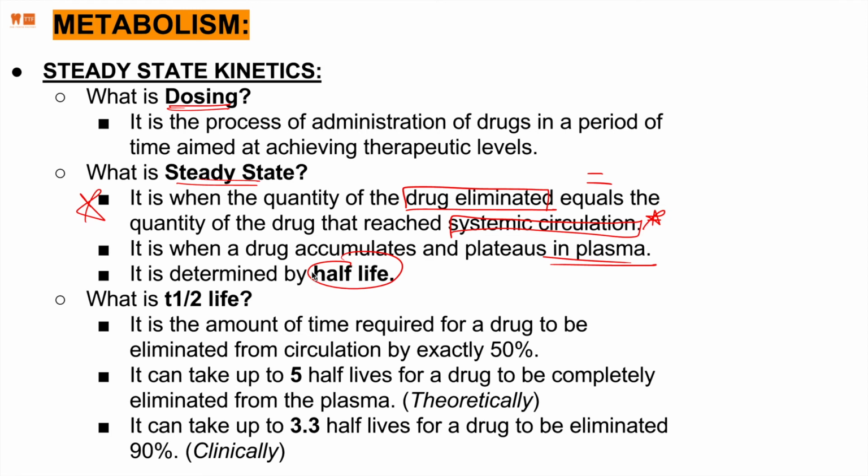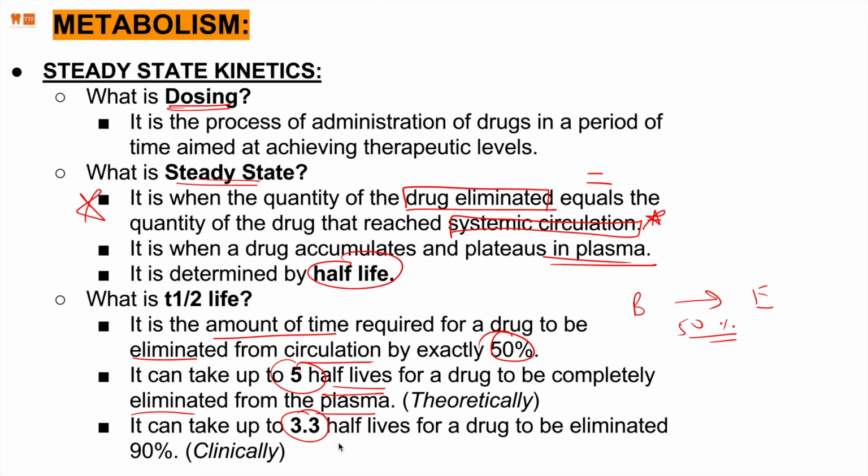Well, you say, what is half-life? It is actually the amount of time required for a drug to be eliminated from the circulation by half its volume. So when a drug reaches blood and then it gets eliminated, how much time does it take to get rid of 50% of it? That's T half-life. Now theoretically, to get rid of the entire drug, eliminated from plasma, we want to go through 5 half-lives.